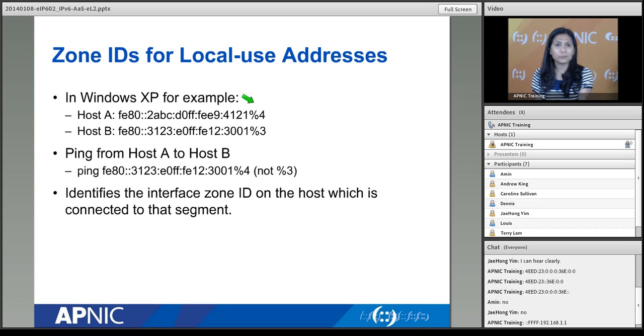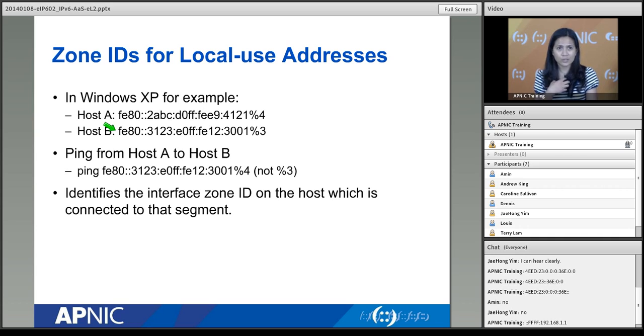So, for example, let's say you want to send a ping request to host B from host A. Host A's IPv6 address ends with 4121. Host B's IPv6 address ends with 3001.